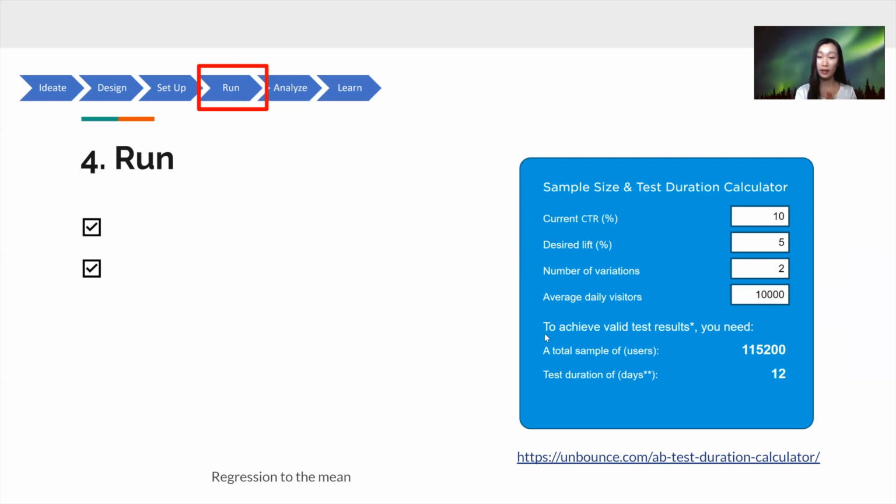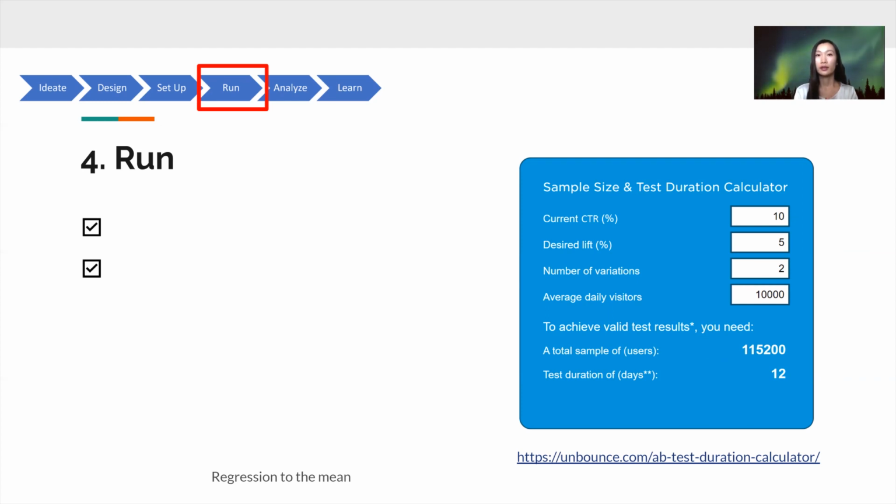Then the traffic calculator will spit out the result saying that you need a minimum sample size of 115,200 users in order to achieve valid test results. If you divide this number by average daily visitors, you end up with a test duration of 12 days. That's your duration. I want to point out that it is very important for you to run for the entire 12 days, or the entire duration.